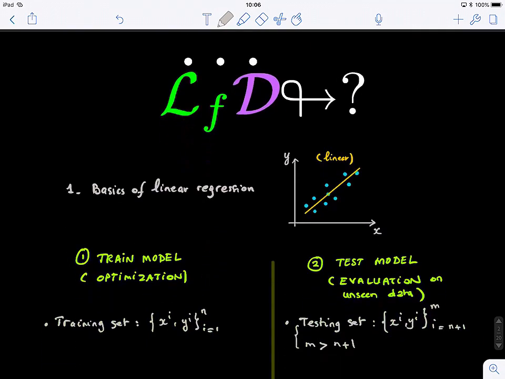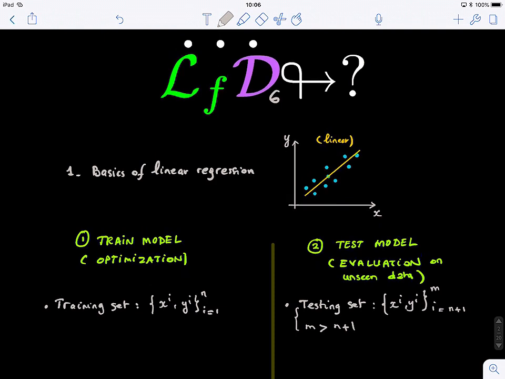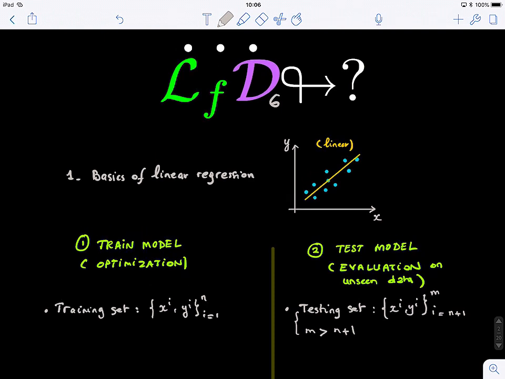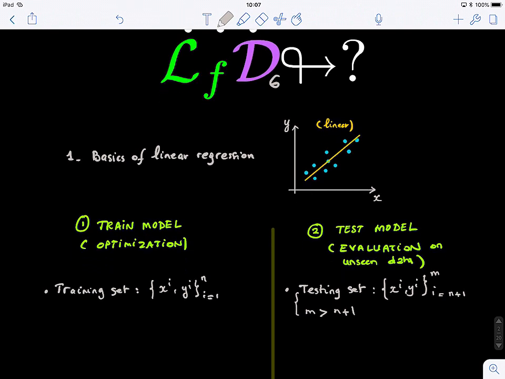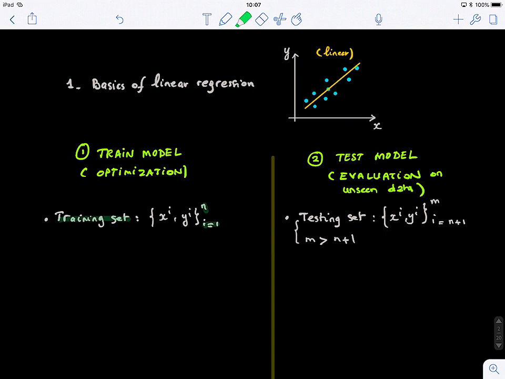So let's just recall what we saw in the previous lecture. If you remember, we looked at the basics of linear regression. If we have a given data set, let's say a training set that has n points, there are different steps that we need to follow or implement in order to estimate our regression model's parameters.